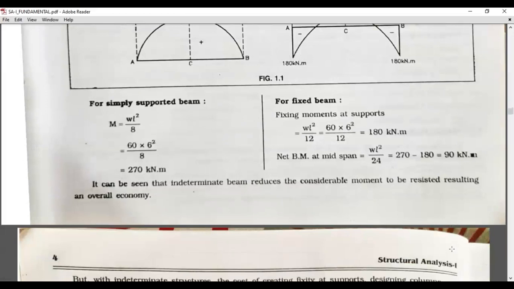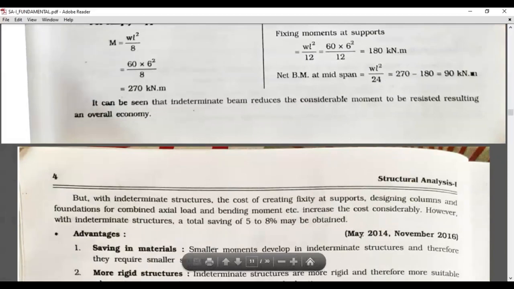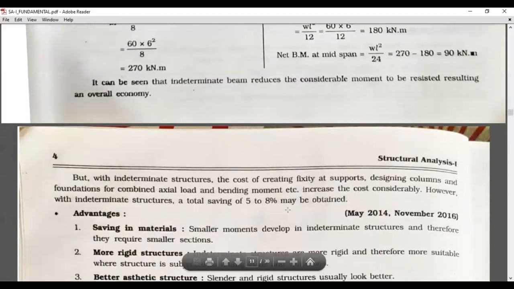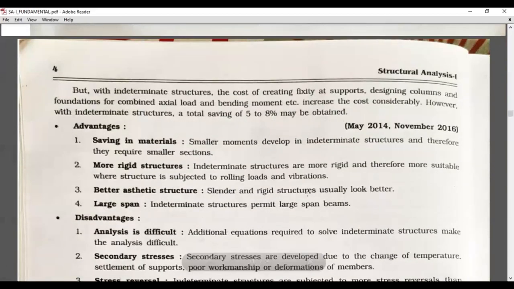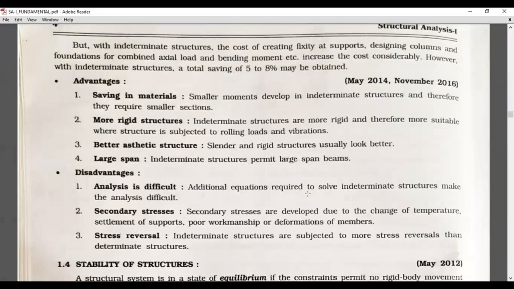It can be seen that the indeterminate beam produces a considerably smaller moment, resulting in an overall economy. But with a determinate structure, the cost of creating fixity and support, and designing columns and foundations for combined axial load and bending moment, etc., increases the cost considerably.